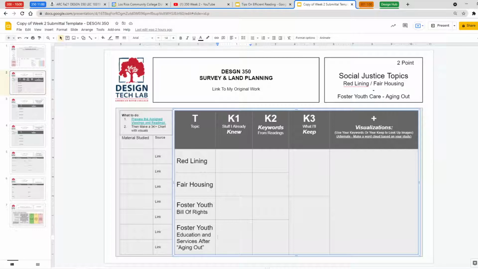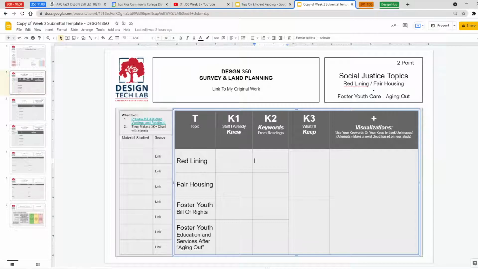So you should get in here and write down what you already know about redlining. And this is redlining with respect to fair housing, not redlining with respect to marking up a drawing. Redlining with respect to fair housing. What do you already know? And it's not everything you know, just what do you know?